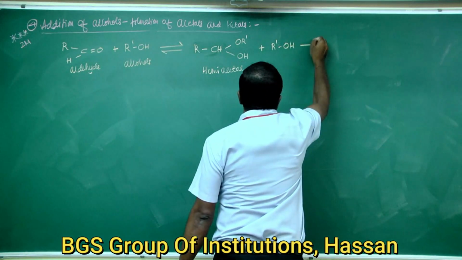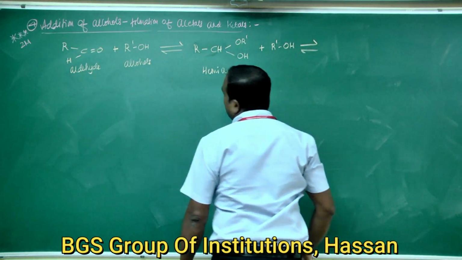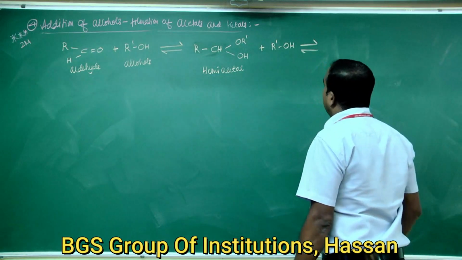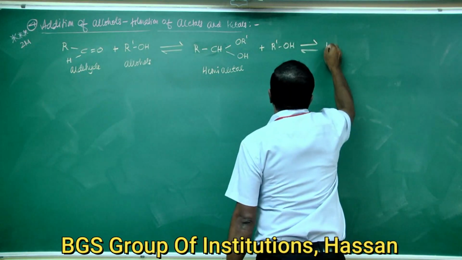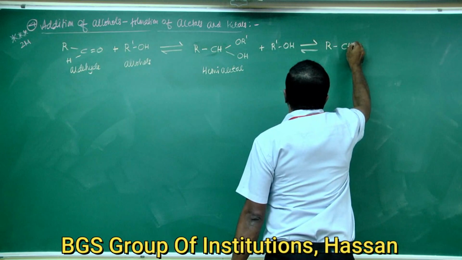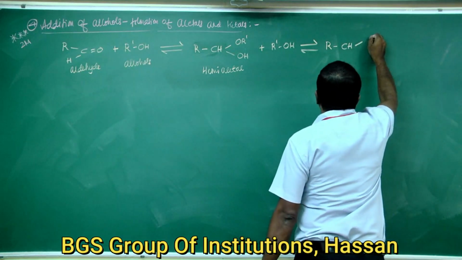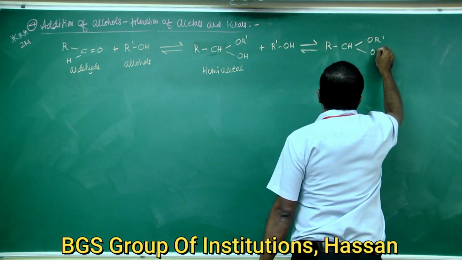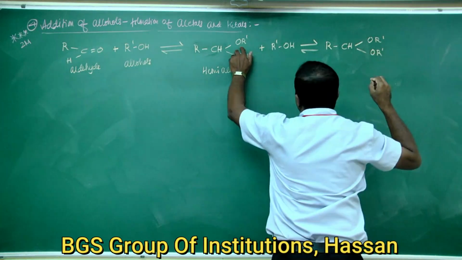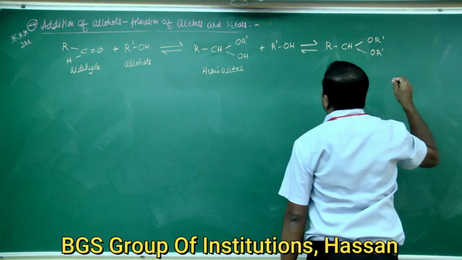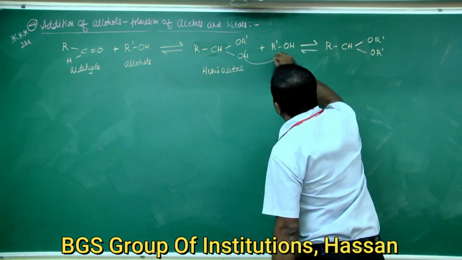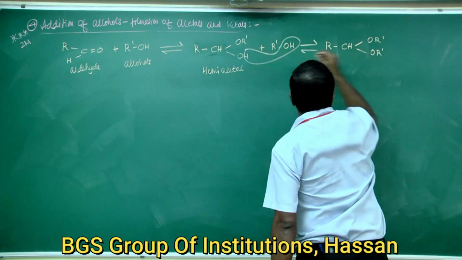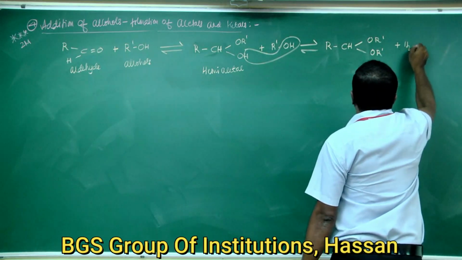This on addition of another molecule of monohydric alcohol gives a dialkoxy alcohol intermediate called acetal. OR-H combines with OH to give H2O.